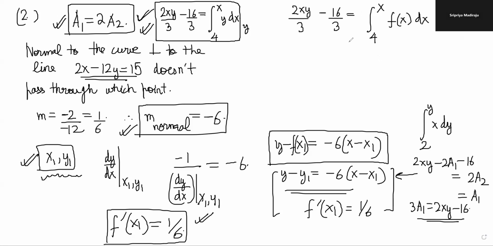If you take the derivative with respect to x on both sides, you get 2 by 3 times (y plus x dy by dx), minus 0, is equal to f of x.